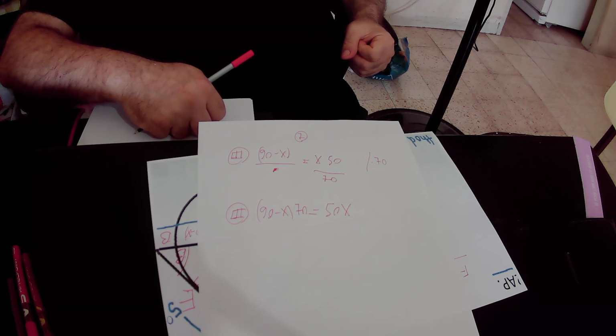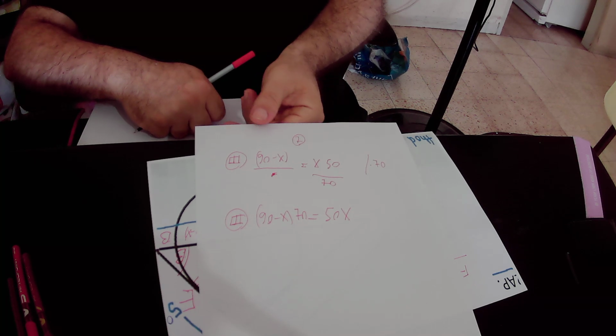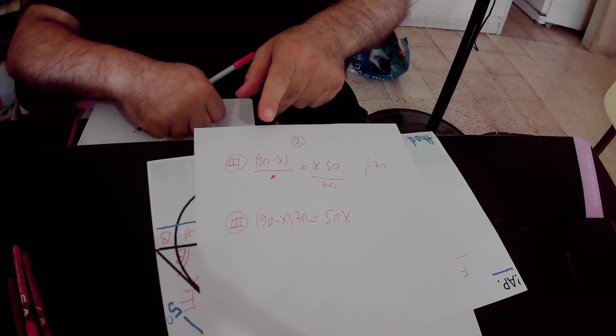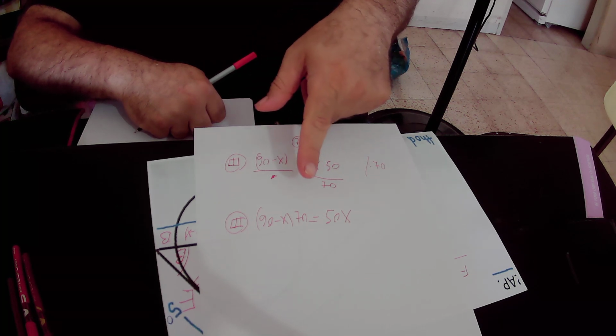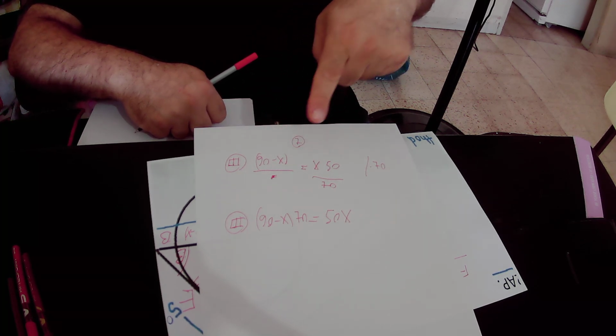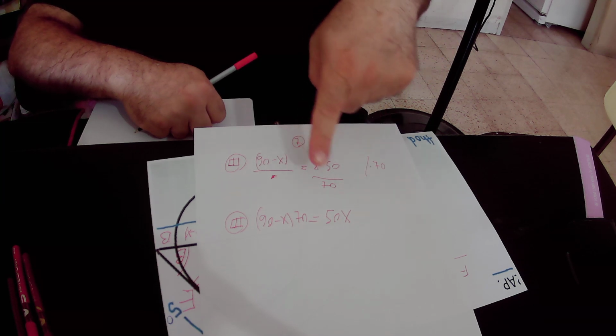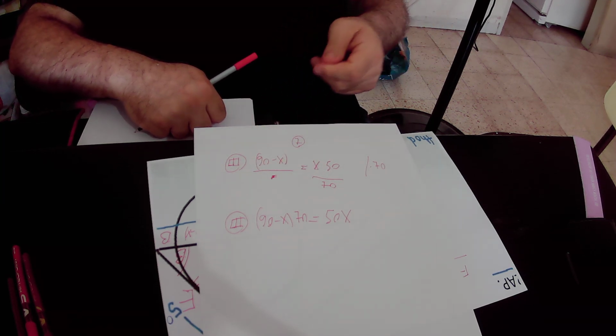And 90 minus 6 times 70 equals 70 times 90 minus 6.